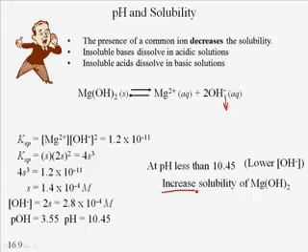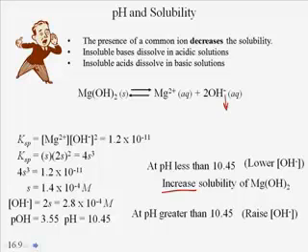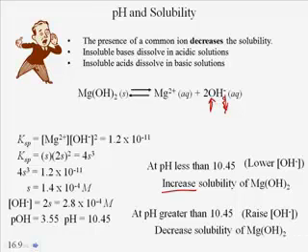Okay? Then, if I'm greater than 10.45, which means I'm increasing the hydroxide, what is that going to do? It's going to shift left, which means I'm going to decrease the solubility.